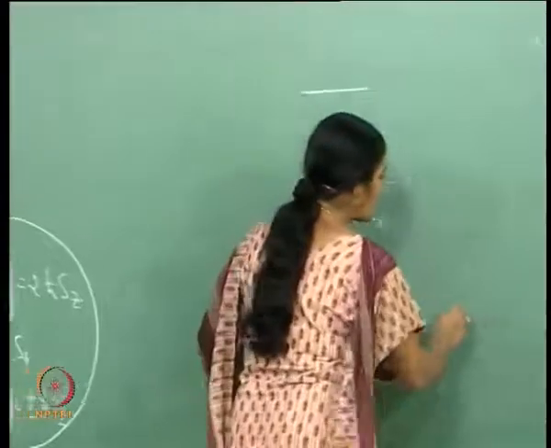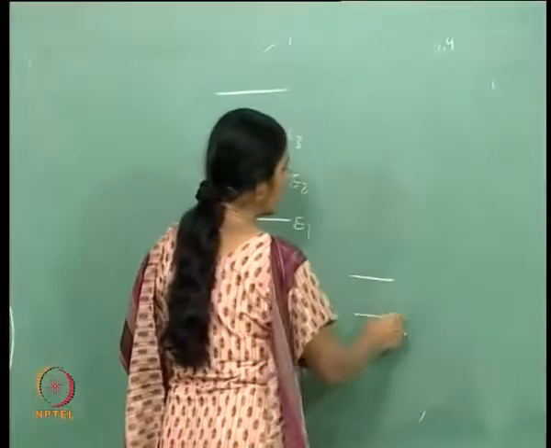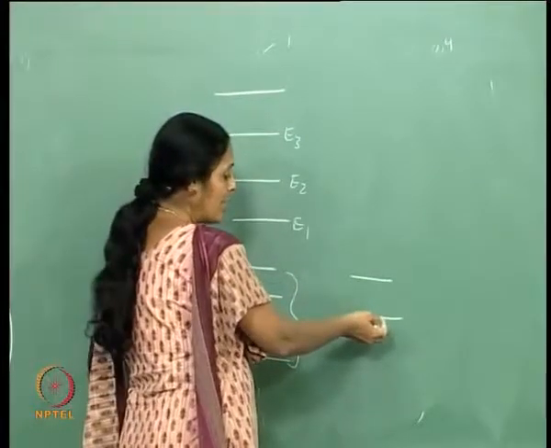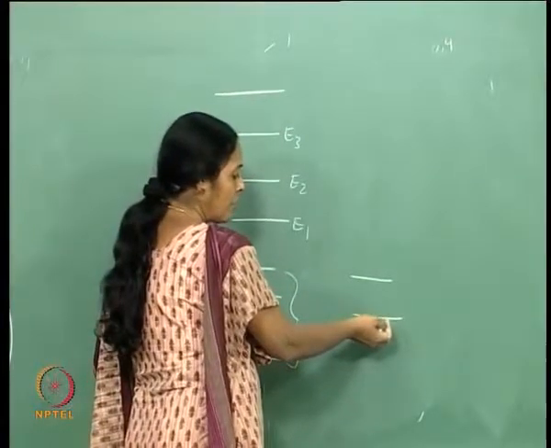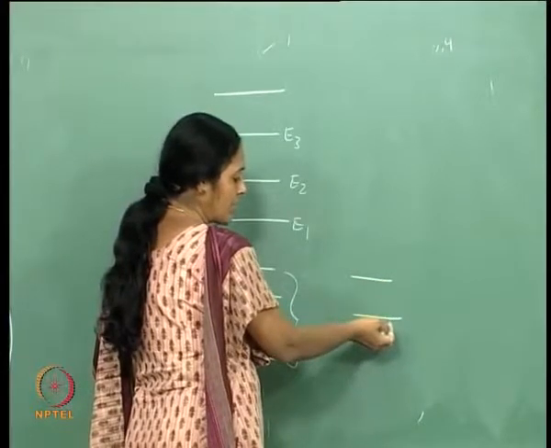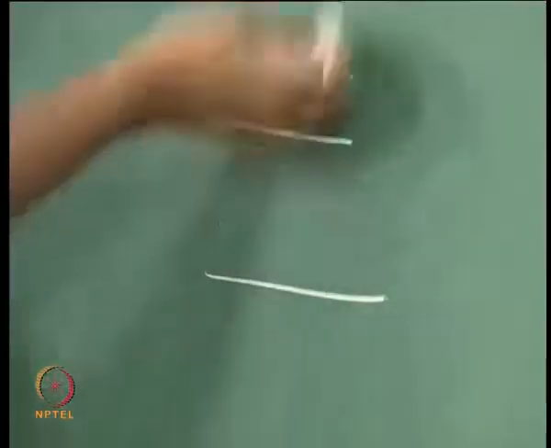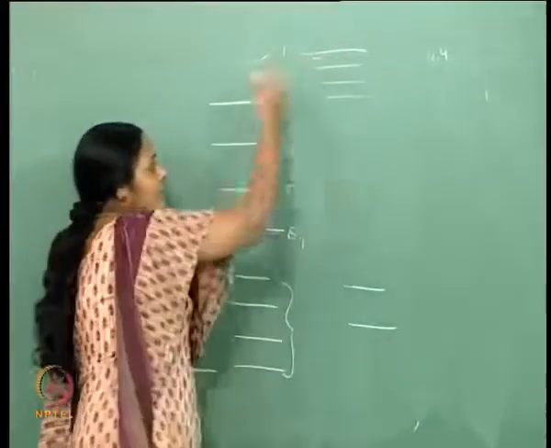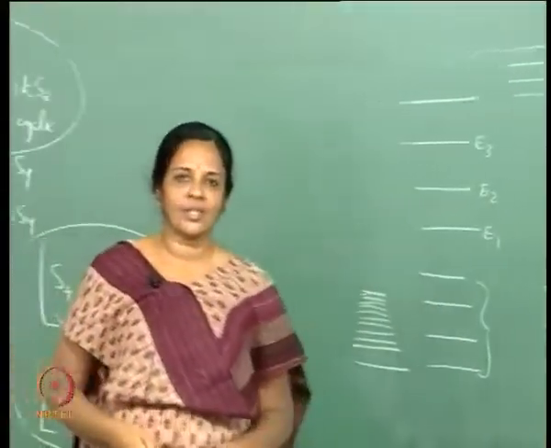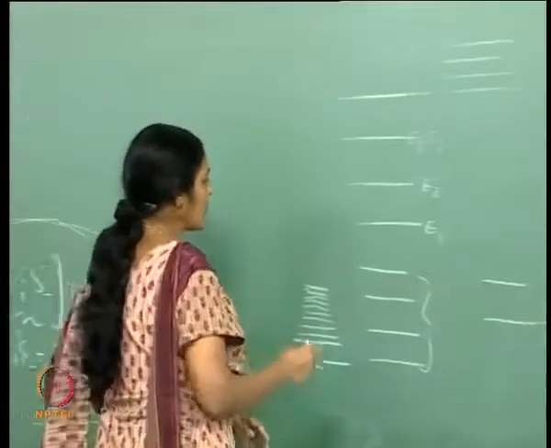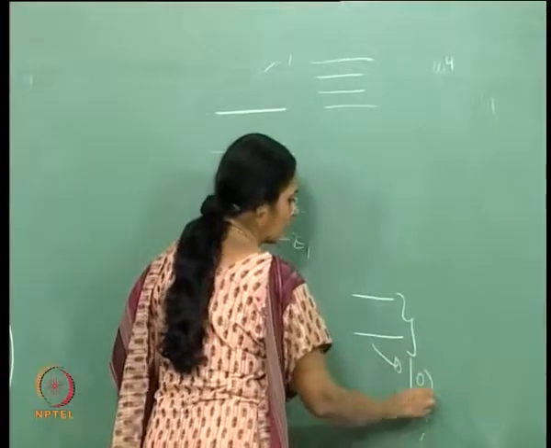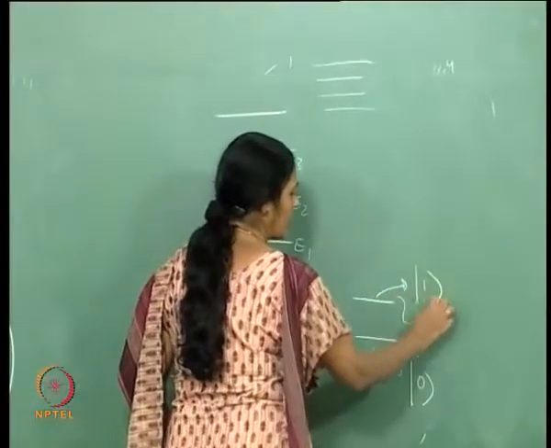A 2-level atom is one where 2 of the energy levels are so close to each other that by pumping energy, I can take the atom from the lowest energy state to the next state, but the other states are so far away that it is difficult for the atom to go to that state. So it is really this 2-level atom where this would be called ket 0 and that would be called ket 1.